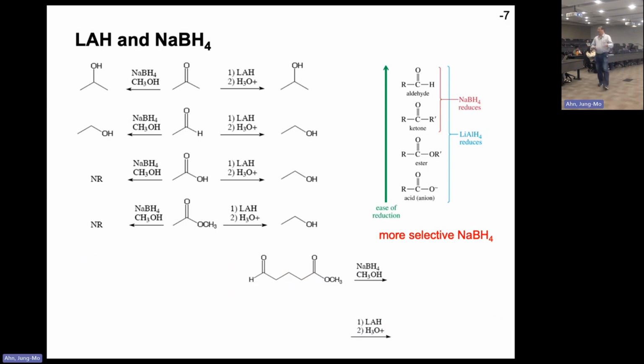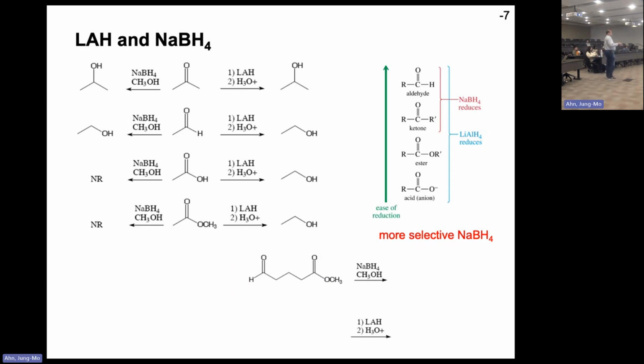So how that can be put into a question, let's talk about these examples here. Let's say this molecule is reacting with sodium borohydride or lithium aluminum hydride. Then what will occur? Let's talk about the lithium aluminum hydride first.